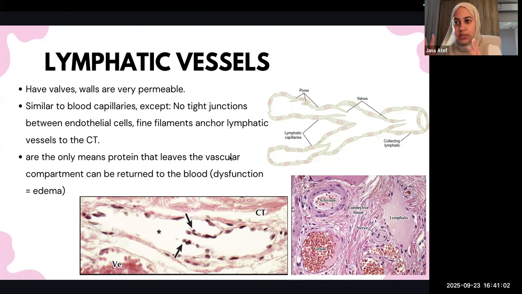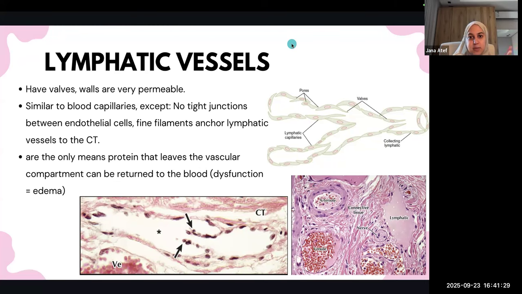So if there's a dysfunction in the lymph, too much protein outside the lymphs means water goes outside too, so there's going to be edema. Yeah, the colloid pressure, that thing, okay?